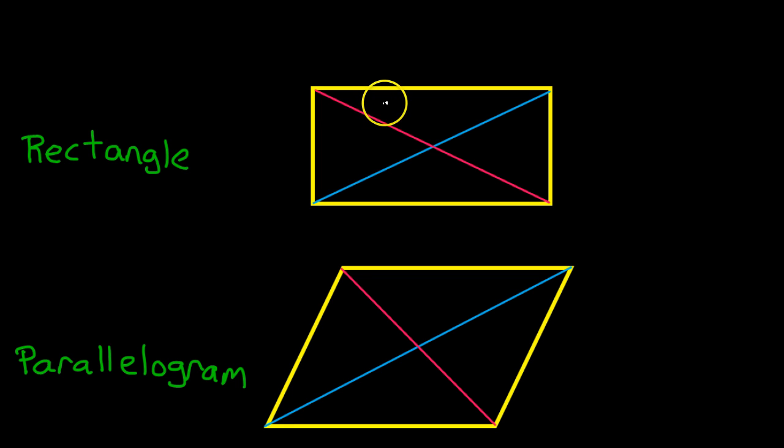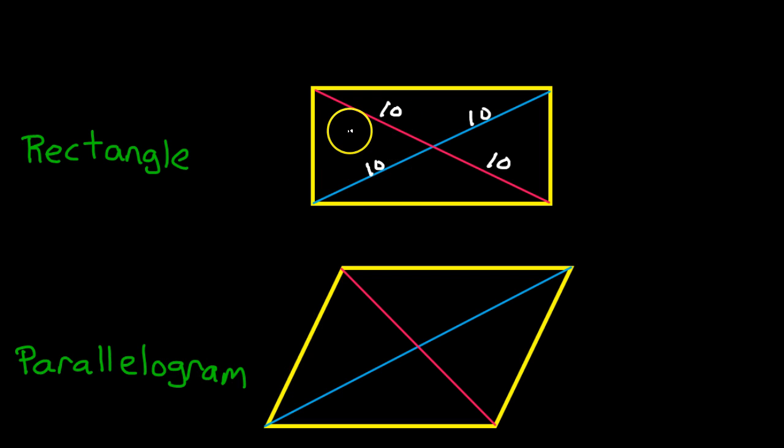So if I told you that this was 10, you already know that this would be 10 from a parallelogram. The diagonals bisect each other. But if this pink diagonal is 20, then the blue diagonal is also 20, which makes this 10 and 10 as well. So in a rectangle, if you have one of these 4 pieces, all 4 pieces are going to be the same, because they are all halves of the same diagonal length.